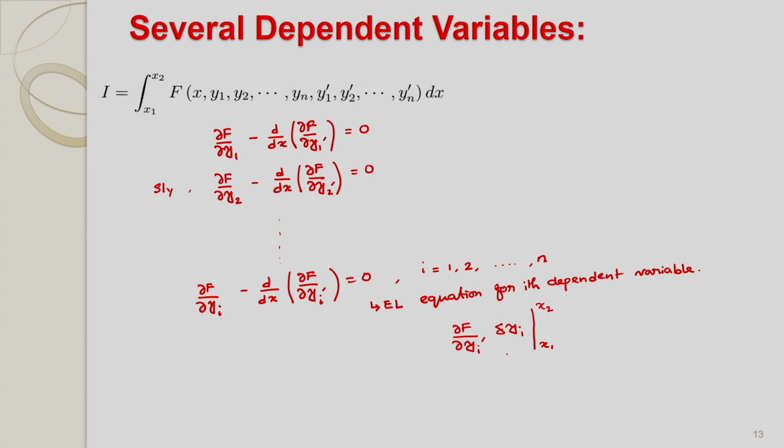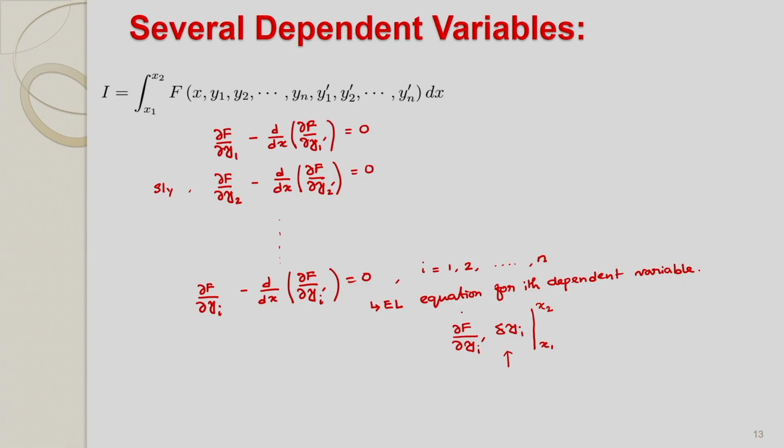So either yi will be prescribed at x1 or x2, then delta yi will be 0, that is essential boundary condition, or del f del yi prime will be prescribed at x1 or x2, that is natural boundary condition.